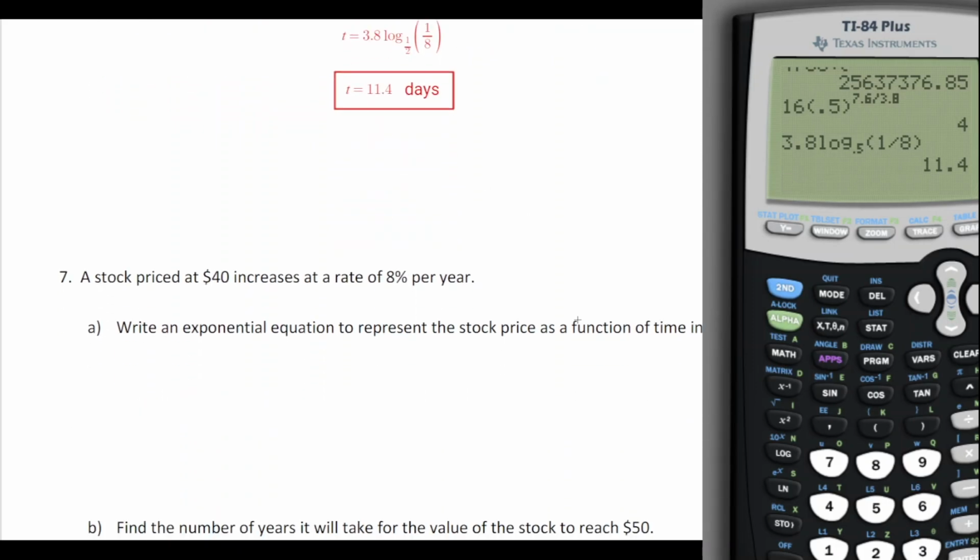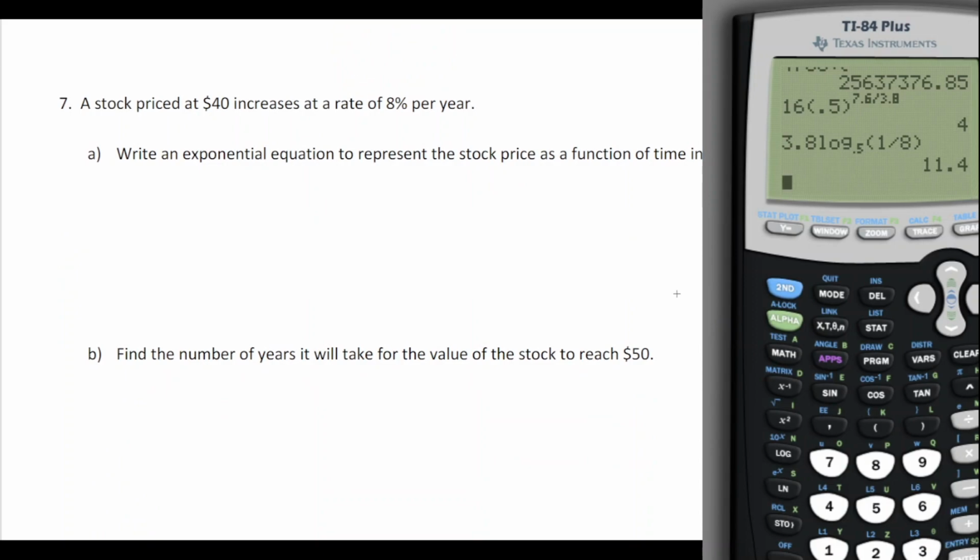Last problem here. We're talking about stocks. It says the stock price is initially priced at $40, and increases at a rate of 8% per year.